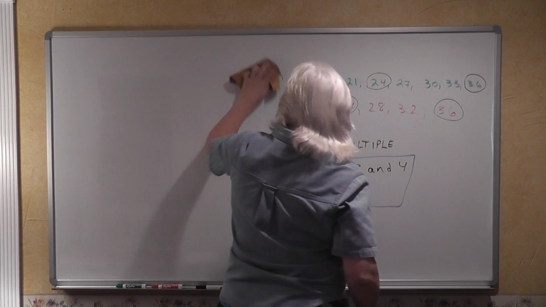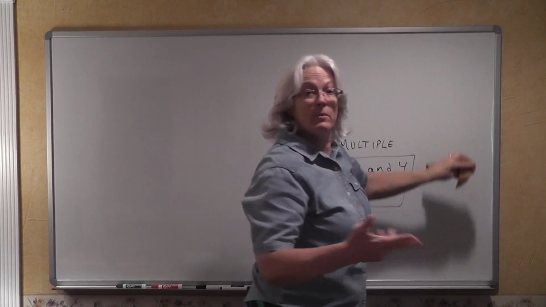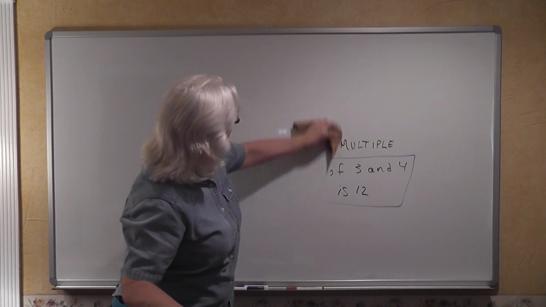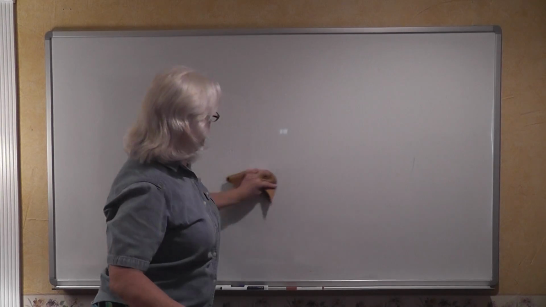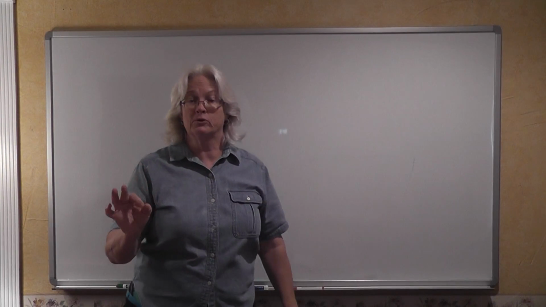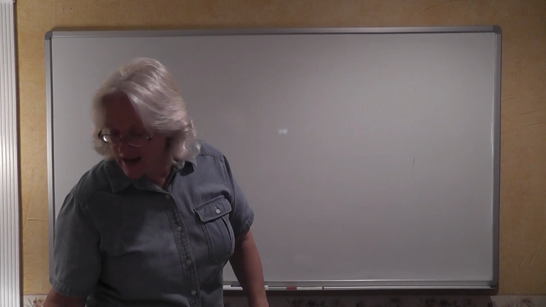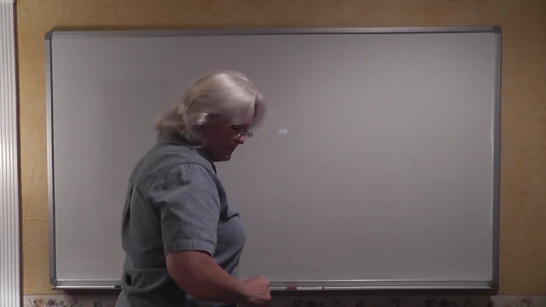So, there are a couple of different ways that you can find the least common multiple. The first one we just illustrated, where you look at the different multiples of a number and pick the very first multiple that appears, or the smallest one, and that is exactly what they want you to do in example 1.